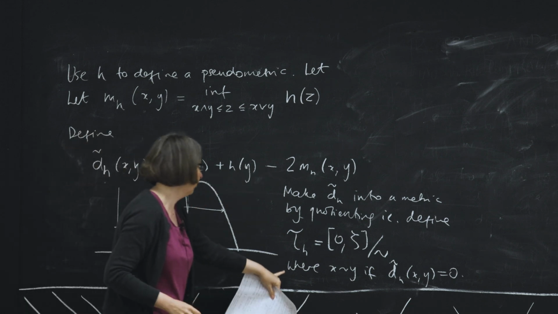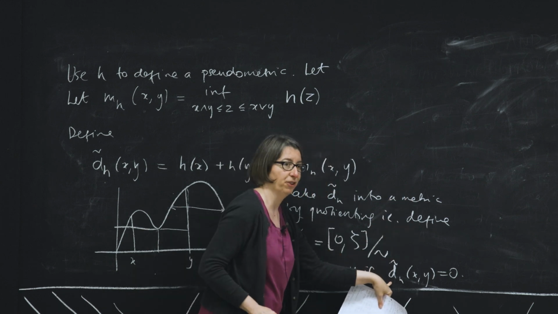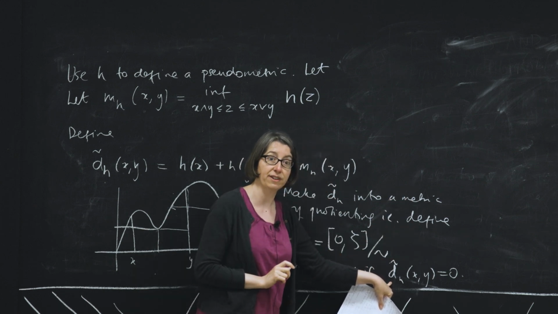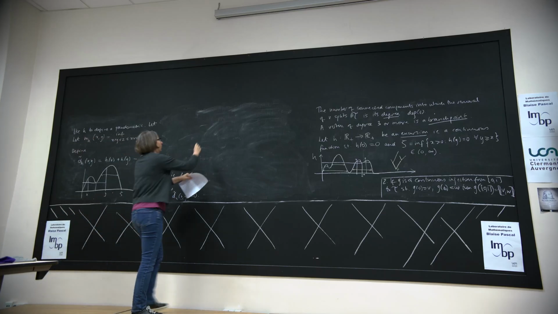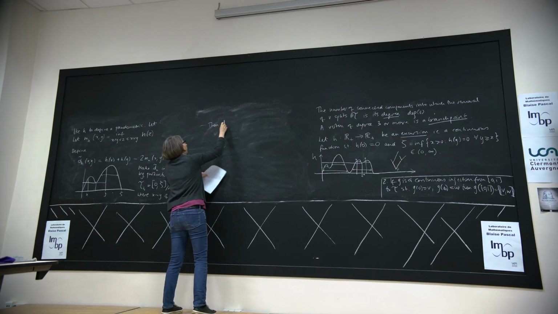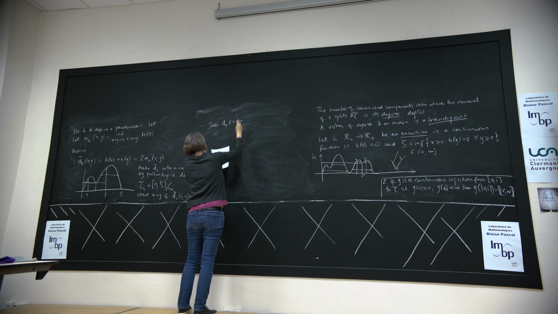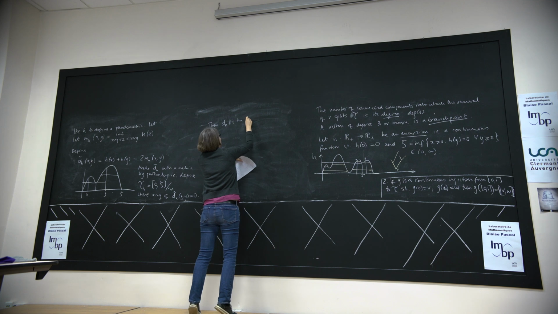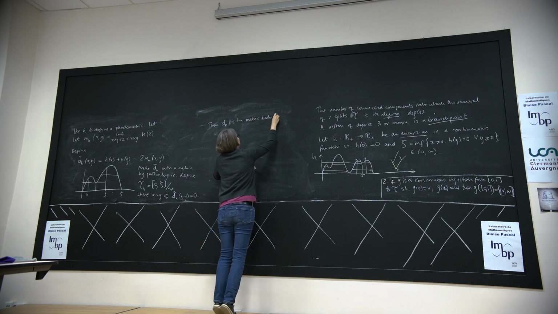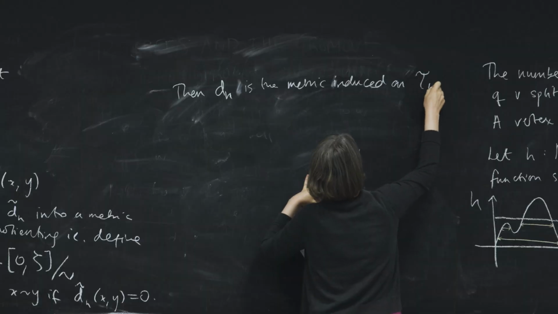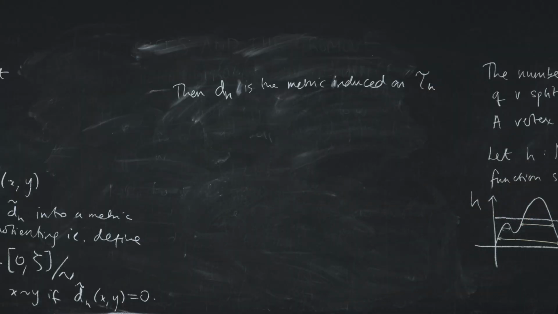Okay, so this gives me my space, and of course there's a version of this which is on the tree T_h, and I'm going to take the tilde off in order to talk about that. So then d_h is the metric induced on T_h, and it's now a true metric because I've put everything at distance 0 together.